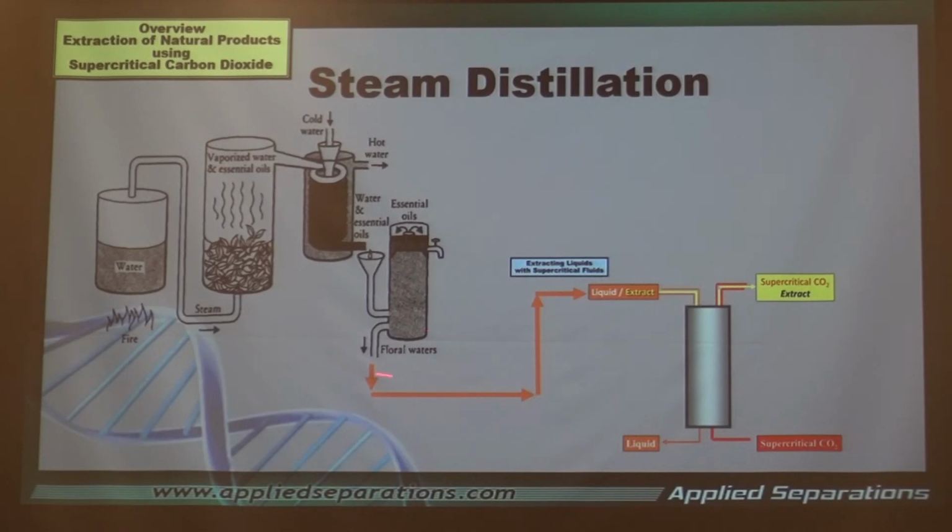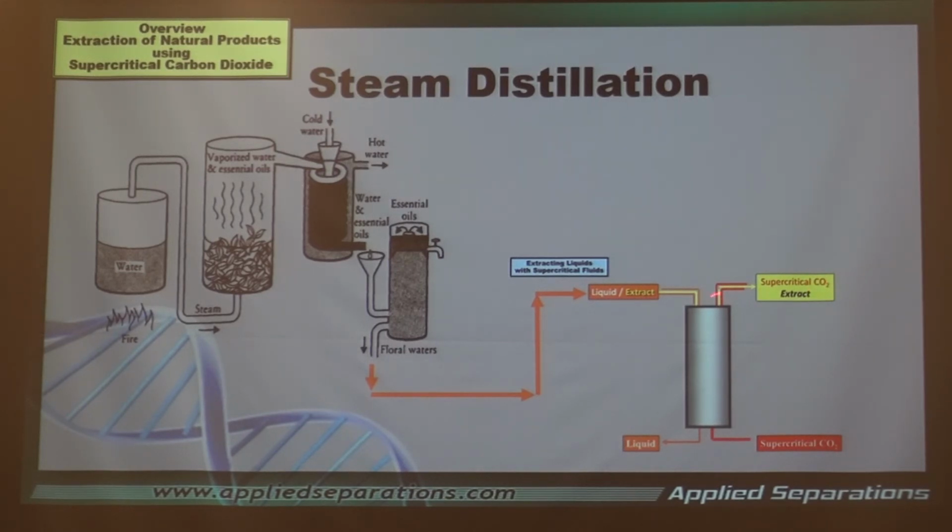We did some work where we're taking this waste stream, which has liquid and essential oils in it, and running it through the column here, where we recover all of that extract.